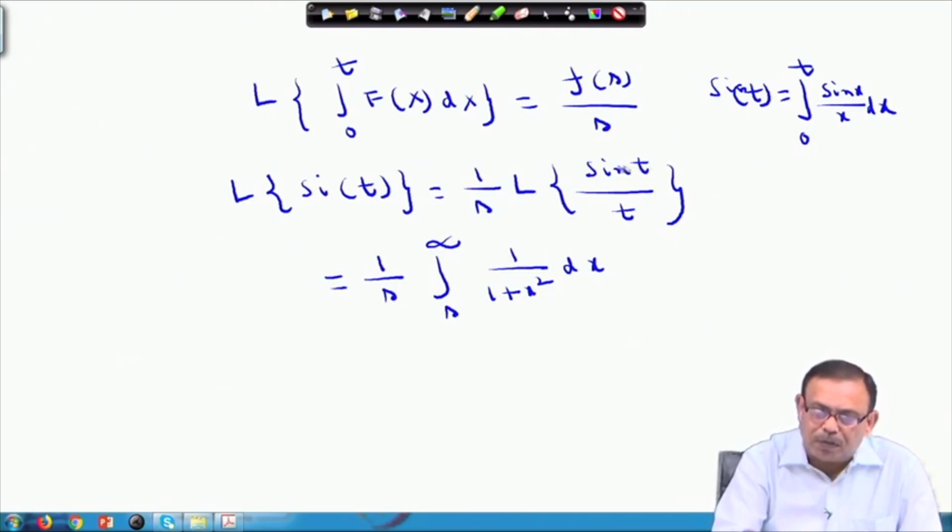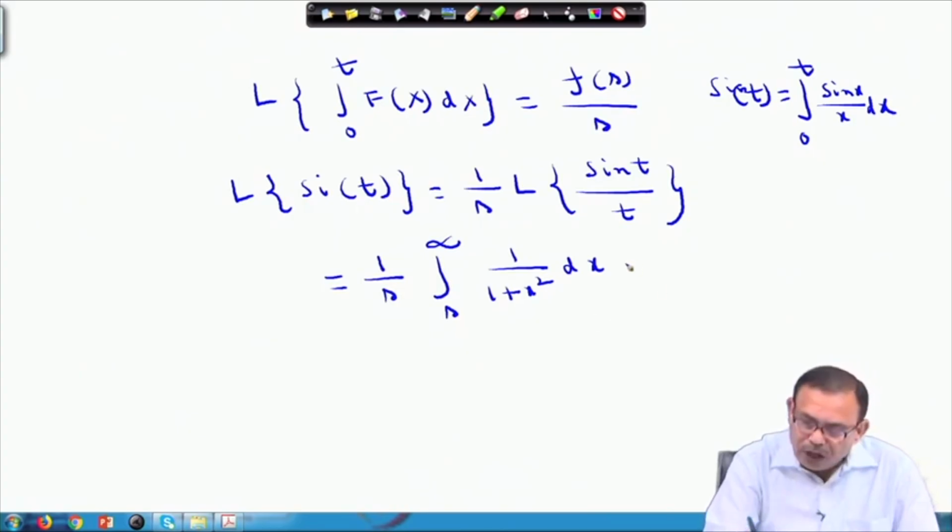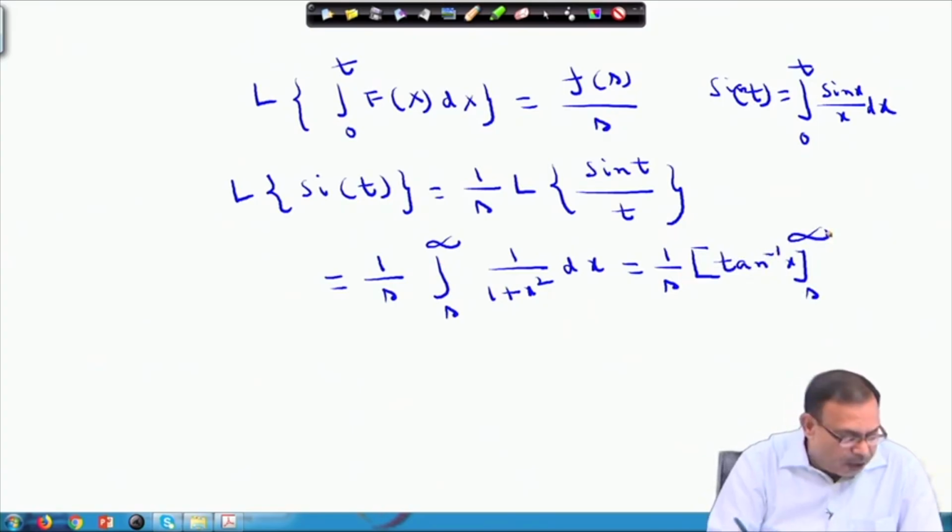The Laplace transform of sin t is 1 by 1 plus t square. So this will be 1 by 1 plus x square dx, which is tan inverse x, where the limit is from s to infinity.